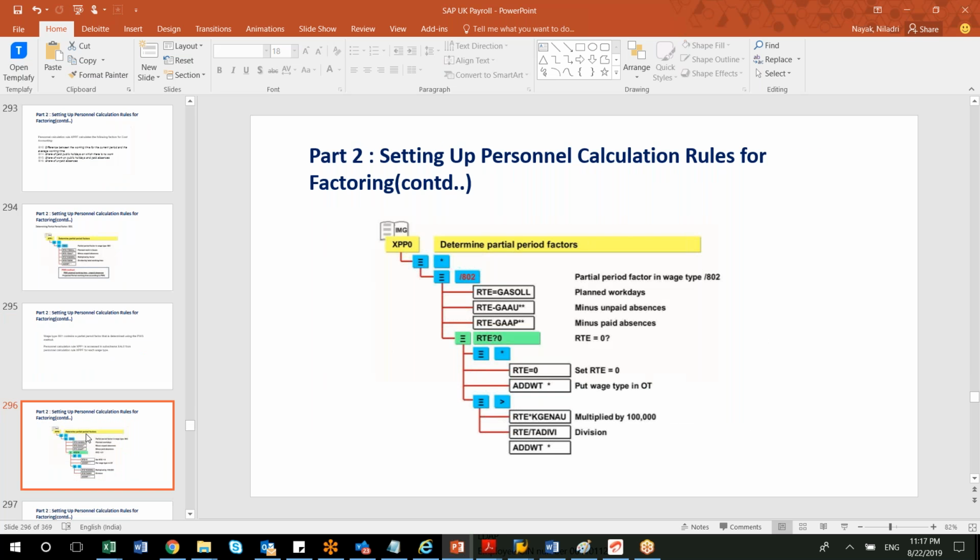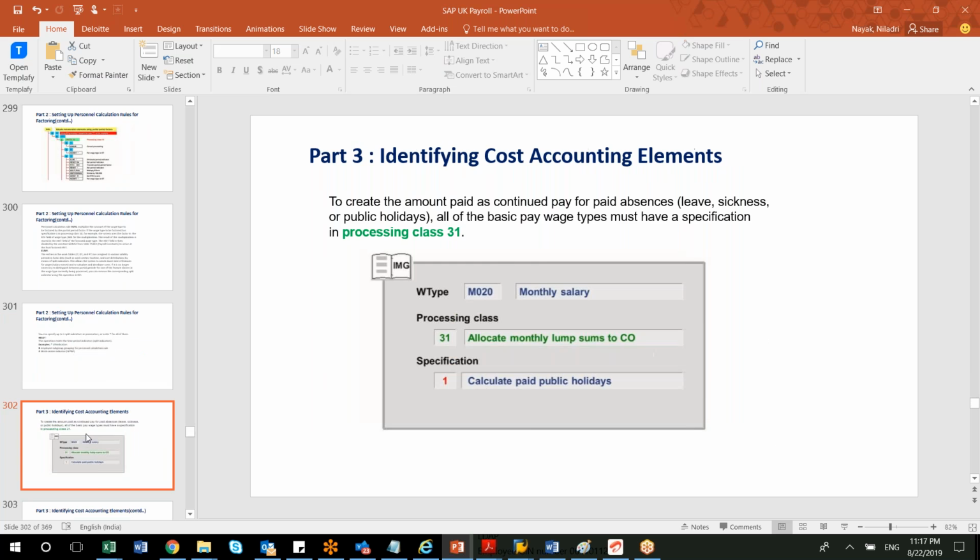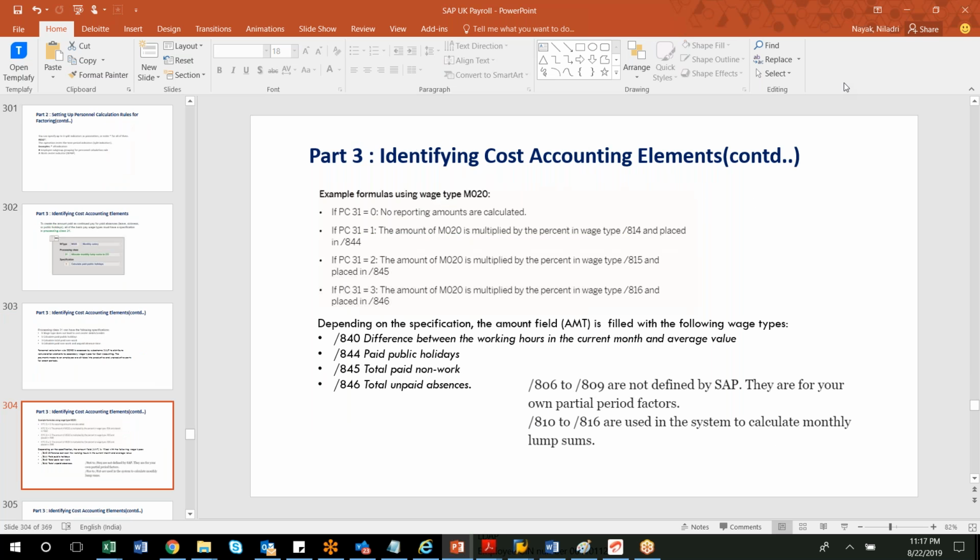I think it was there in part 3. Yeah, so basically /806 to /809, those they left for the customer. Okay, so if you wish to do any changes, you can use those. And /810 to /816, those are generated by SAP. And the remaining are not directly related to the period parameter. Those are generic standard secondary wage types.